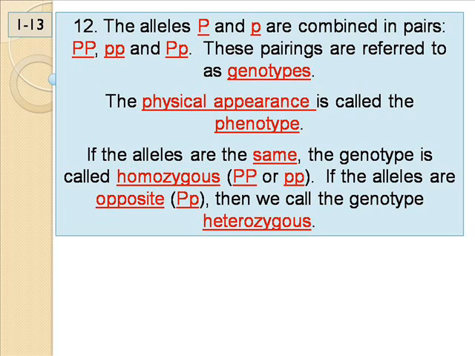To be white, what must you not have? The big P. If you got even one big P, you're purple. Now, this plant is just as purple as that plant. He's not a lighter shade. He is just as dark purple. You cannot tell by looking which one is homozygous and which one is heterozygous.